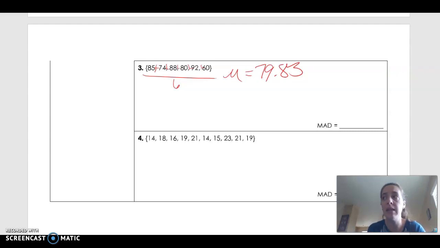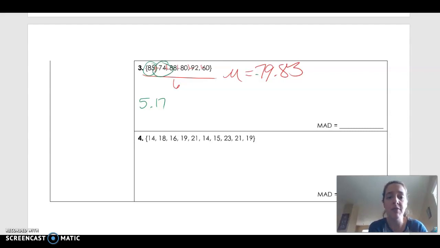So that's my mean. Now to find my mean absolute deviation, I figure out how far away each piece is from the mean. So I would take my data point, which in this case would be 85, and subtract it from my mean. So how far away is this? I end up with 5.17 for that piece, because it is 5.17 jumps away from my mean.